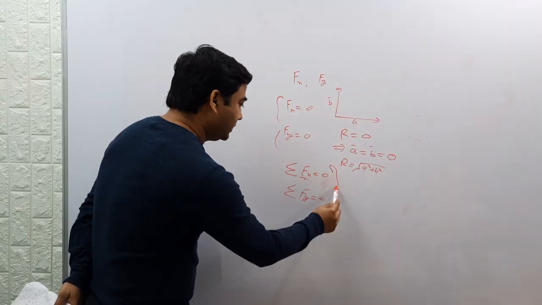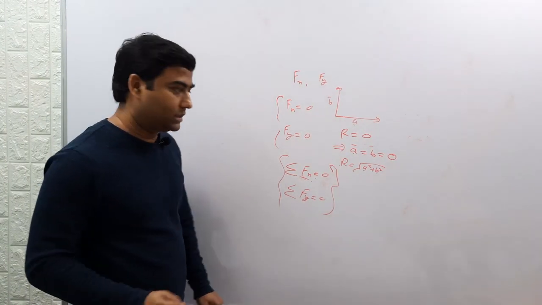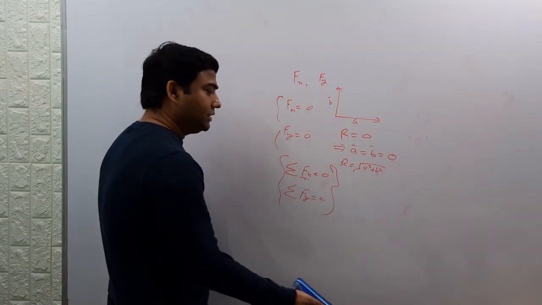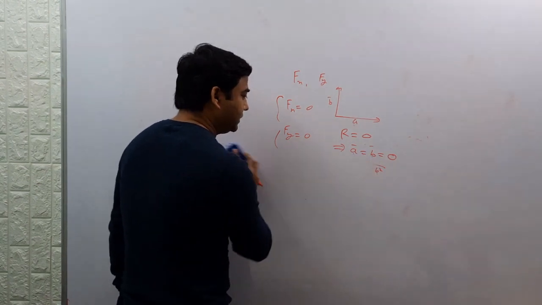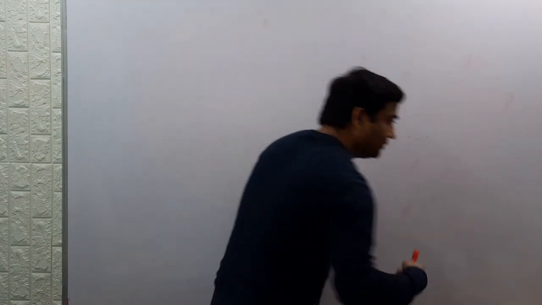This is the condition of equilibrium which is extensively used in statics. Similarly, if it is not in equilibrium, we can find forces in x and y directions, then the net force, and based on the direction of the net force, we can find the net movement of the particle along the resultant force.